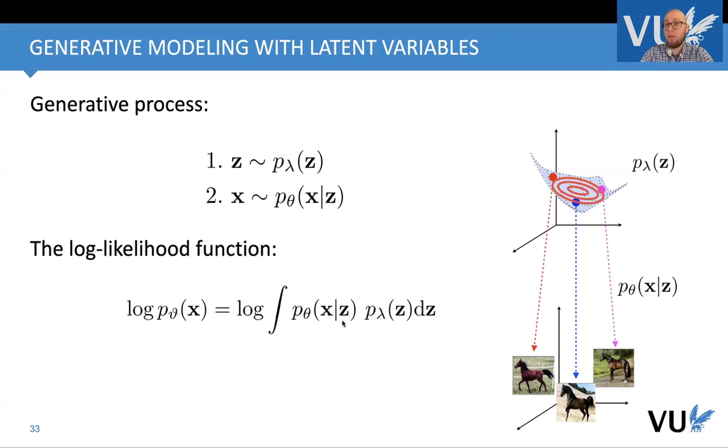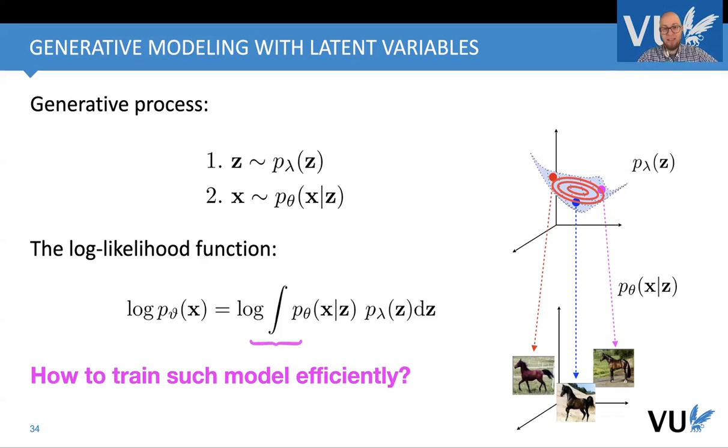So we apply here the product and sum rule. And because we are interested in taking the logarithm, because it helps us with calculations, multiplication of probabilities, we face this problem of calculating the log of an integral.